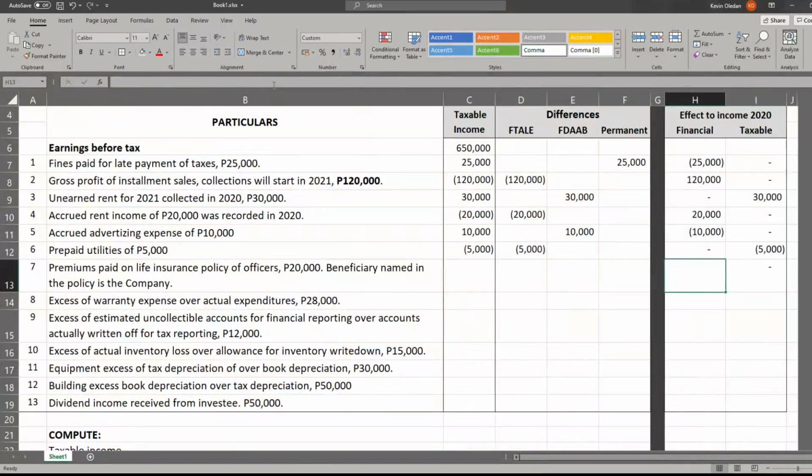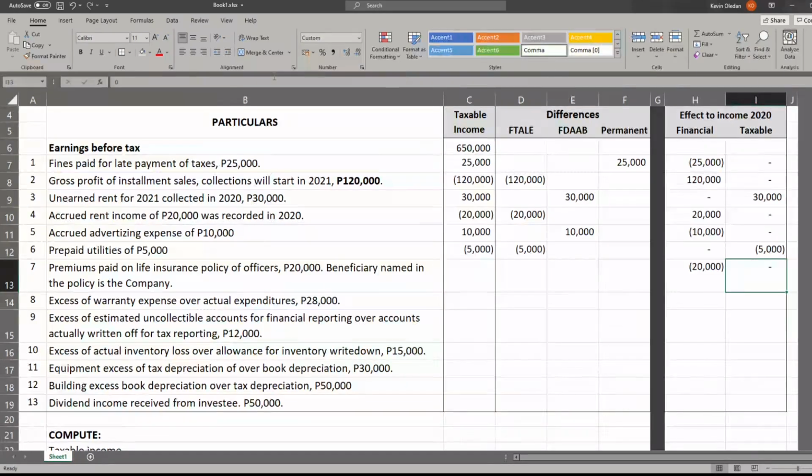Your entry to that is a debit to insurance expense and a credit cash. Pero for taxation, it will never be part of deductions or expenses in taxation. It's a deduction when it comes to financial accounting, but it is not recognized in tax now or later.